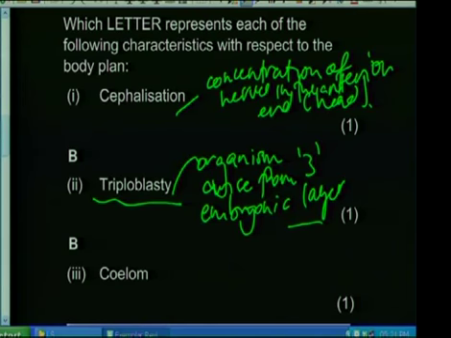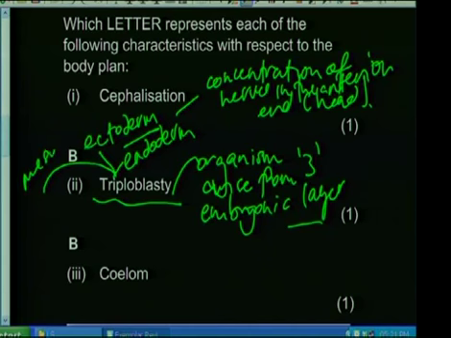When the embryo started, it had 3 living layers, which were the ectoderm, then the endoderm, and in the middle of these two would be the mesoderm. So ecto, outside, endo, inside, and in between, middle, meso.